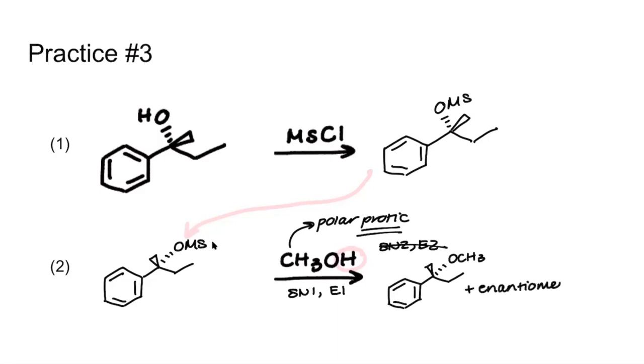If you want me to draw that out, let me know. And also the E1 product. So I'm going to put SN1, there we go. And then maybe the E1 product. If, for example, we added heat, then E1 would definitely be a major product. So let me fit this in. There we go. Do you guys have questions on that?